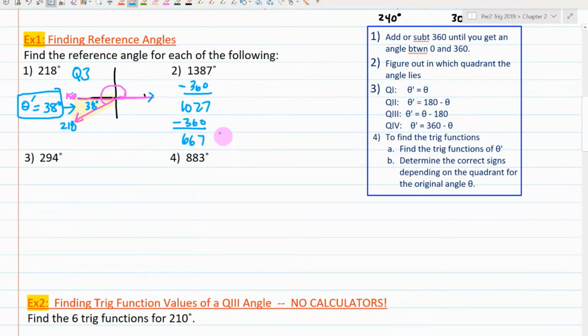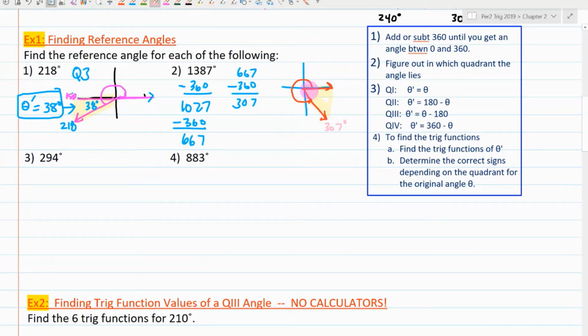If I subtract 360 one more time, I'm going to get 307. And so if I draw that angle, 307, that angle will be here. So the reference angle is always to the x-axis. Okay, so this is 307.